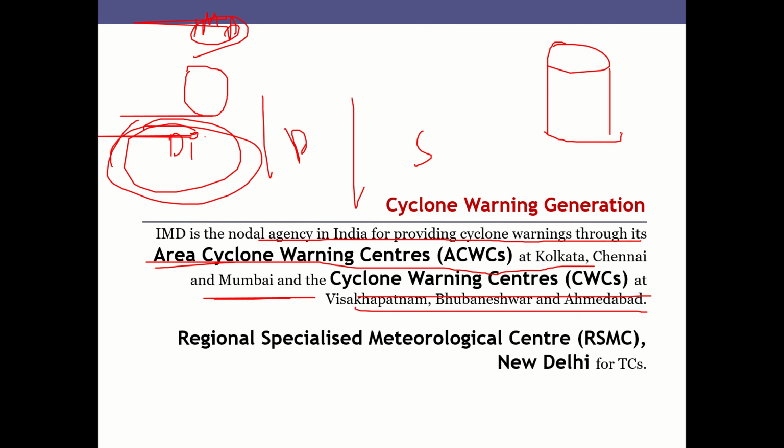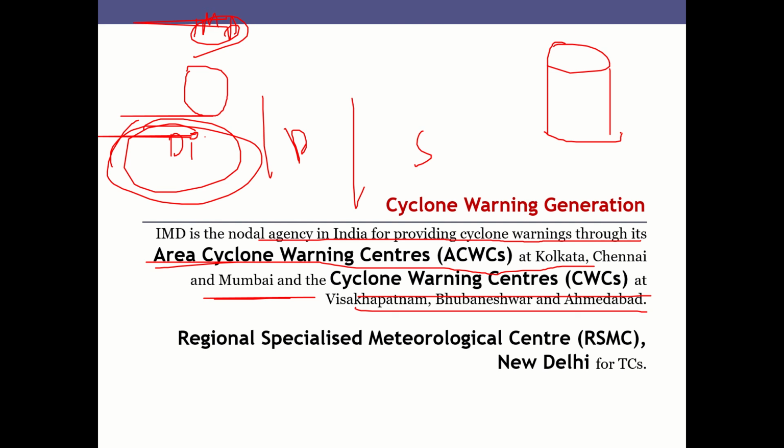You will get a text saying that there is a high possibility that within a few hours there could be heavy rain, or there could be lightning, and so on. So we have such cyclone warning systems, including in Andhra Pradesh.